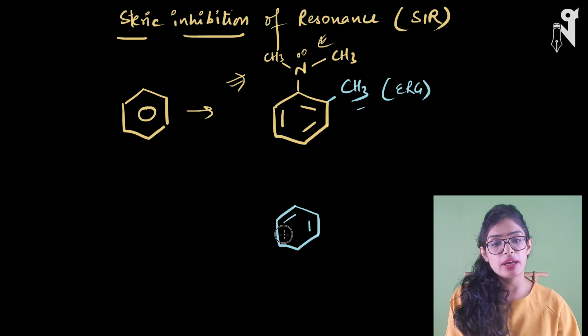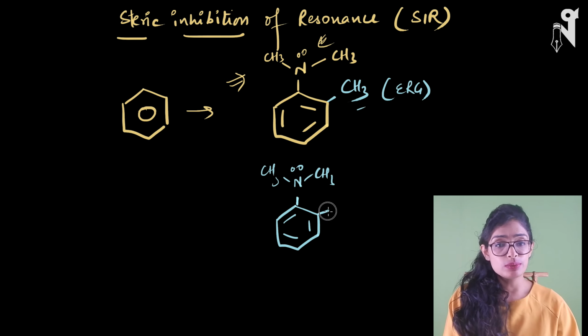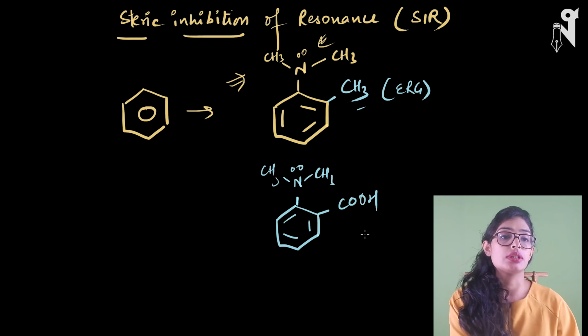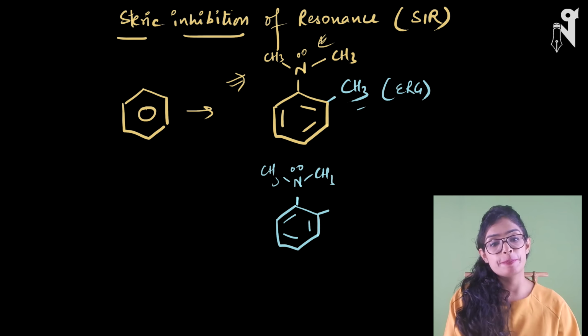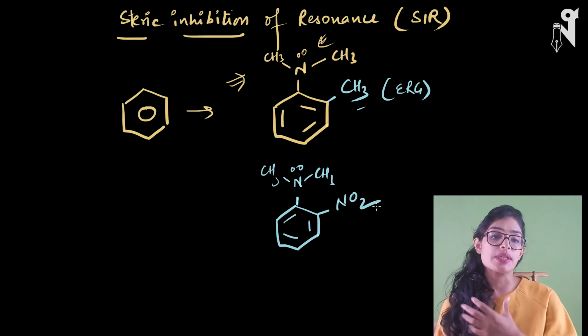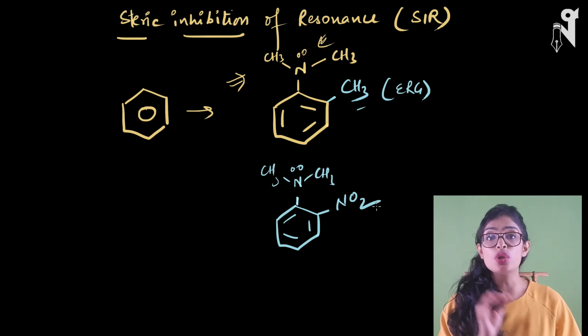I can have N with CH3. It's not the only example, but I have taken this just to explain to you. Let's say I have COH over here, or what else can I take? I can have NO2 over here. So any such functional group present in the neighborhood, that is on the ortho position.